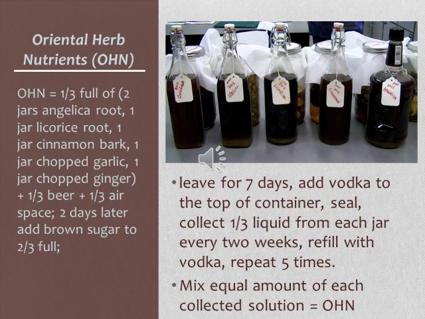This will leave 1/3 of the container with air space. 2 days later, these solutions will drop down below 2/3 full, so you will add brown sugar to make the container fill up with brown sugar to 2/3 full. Leave all these containers for 7 days, and you add vodka to the top of the container, seal it, and collect 1/3 of the liquid from each jar every 2 weeks.